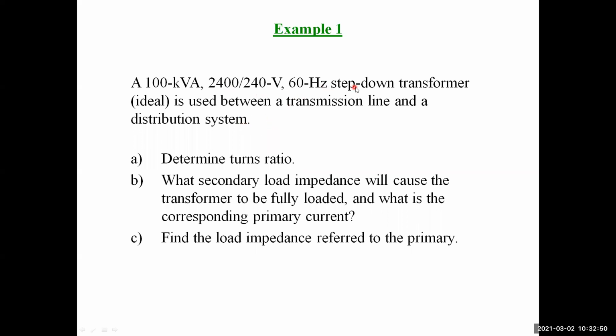So first determine the turns ratio, called A. A is equal to N1 by N2 or V1 by V2.